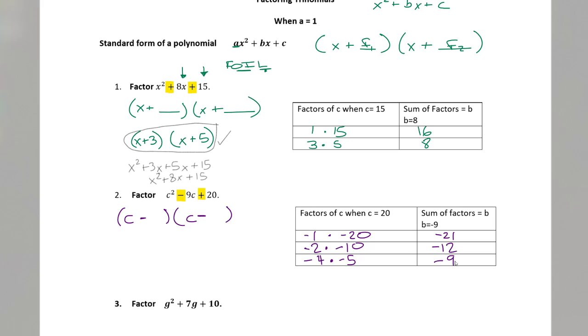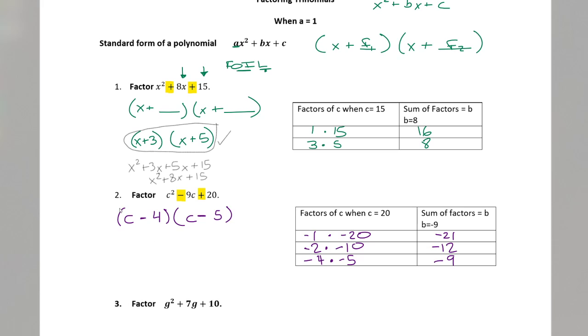So then our factors for this trinomial will be c minus 4 times c minus 5, and it doesn't matter the order. You could have put c minus 5 over here and c minus 4 over here. You'll still get the same thing.